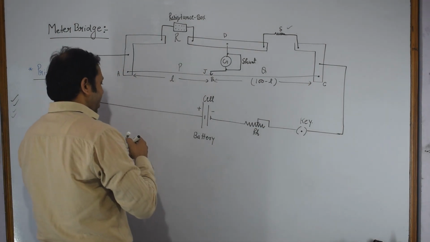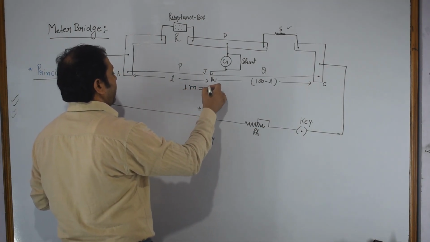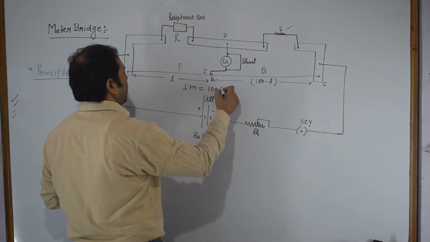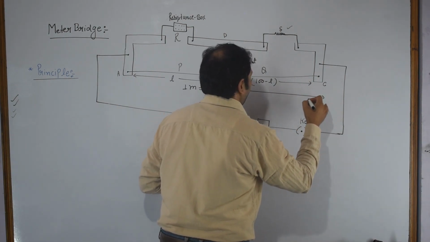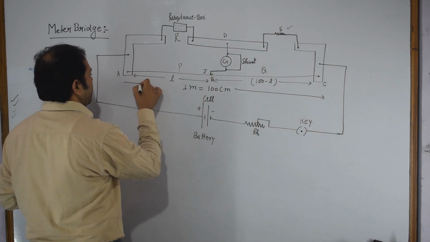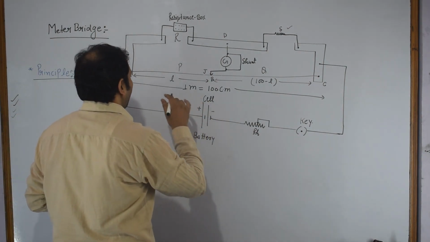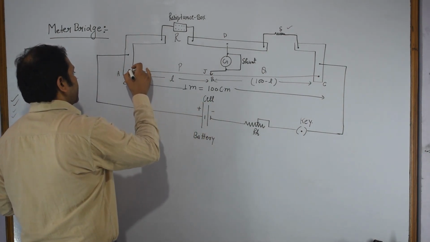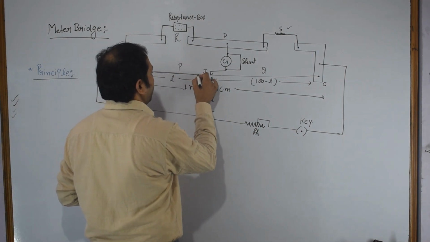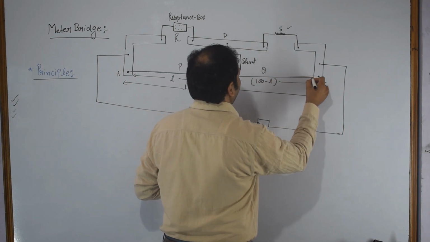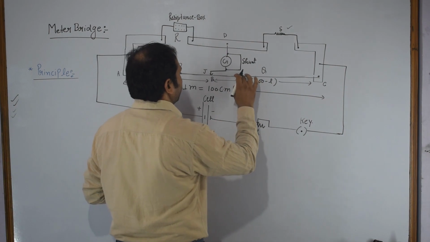The length of this wire is 1 meter, or 100 centimeter. This wire is made up of manganin or constantan, having uniform cross sectional area.